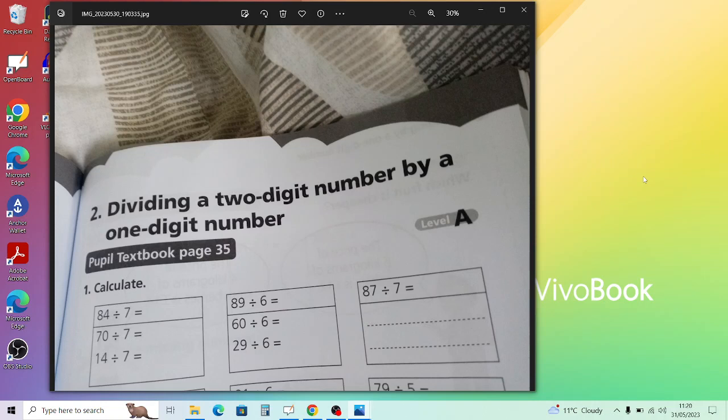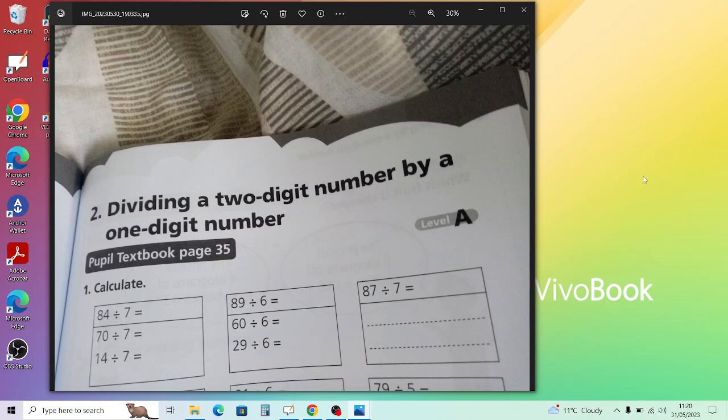What is the greatest number you can write in the circle to make the number sentence correct? For that to be the largest possible, we need to have the largest possible remainder. So the remainder will have to be 5. So it'll have to be 6 times 6, which is 36, plus 5, which is 41. And the divisor is a 1-digit number, which could be what? 40 divided by what will give you a remainder of 4?